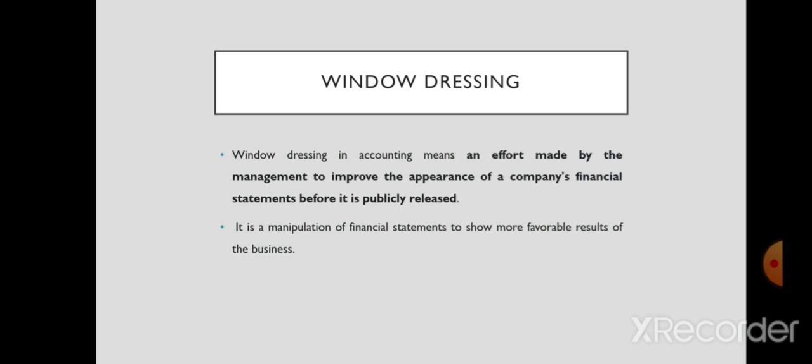It wants to showcase its financial statements as attractive to the people who are involved in the business. That is why organizations are interested in manipulating the financial statements to show more favorable results. That is what is called window dressing.